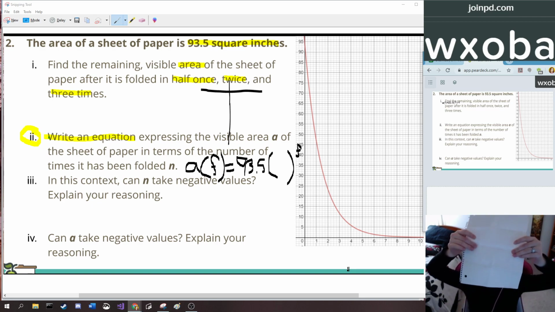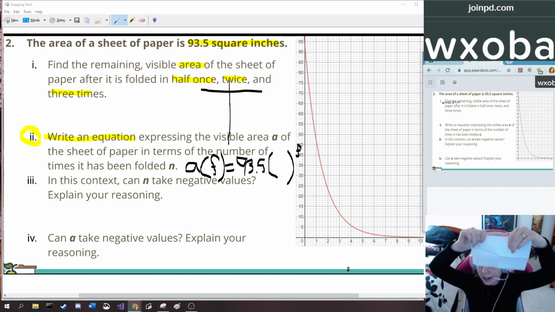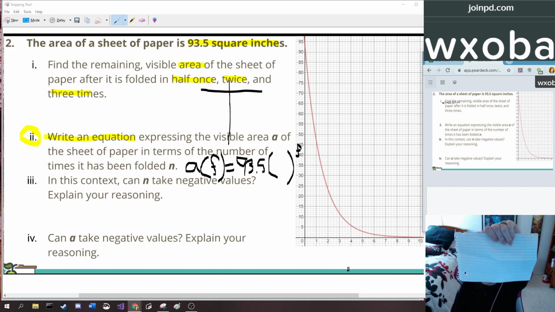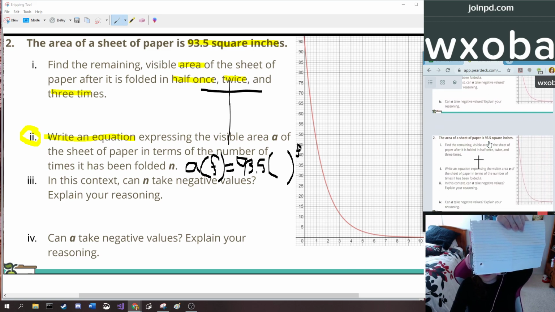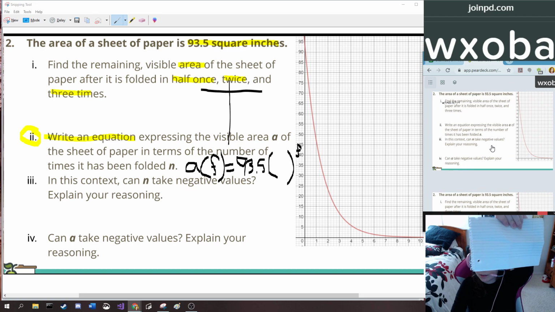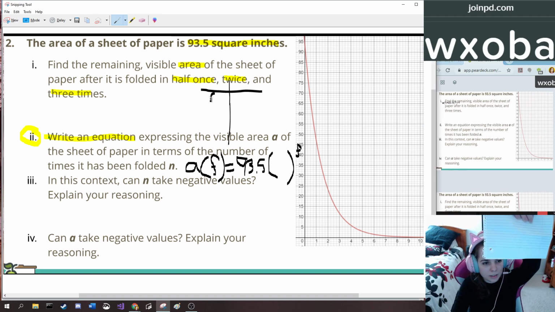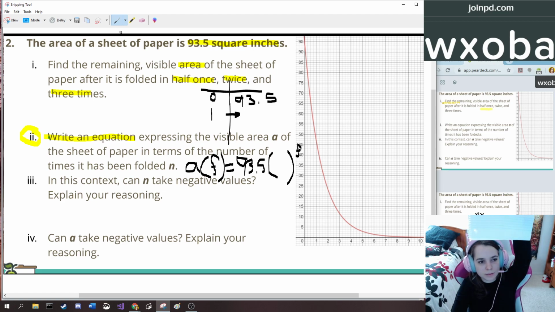If this is my area, 93.5, and I fold it in half, what's this new area going to be? How would I find half of 93.5? If my start is 93.5 and I fold it once, what is half of 93.5?